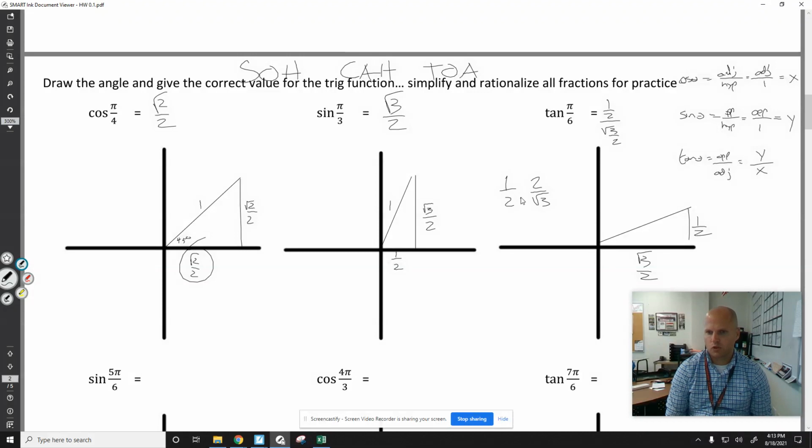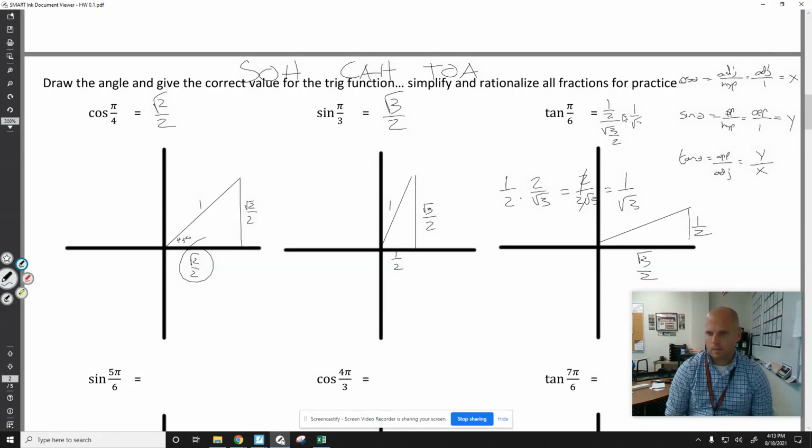Take your numerator, multiply it by the denominator flipped. You can multiply these fractions straight across, but you can't multiply the 2 by the root 3, so it's just 2 root 3. Since you just have multiplication, you can cancel those 2's, leaves you with 1 over root 3.